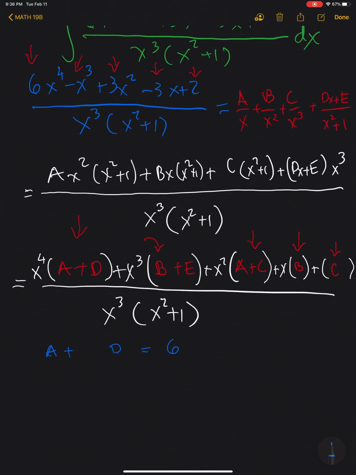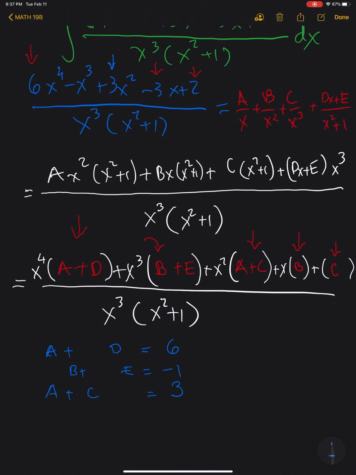The second equation, by looking at the cubes, I look at b plus e. That will give me a -1, because the coefficient of x cubed up here is actually this negative sign over there, which is -1. If I look at x squared, the coefficient of x squared is a plus c, which will be equal to 3, because that's the coefficient of x squared up here.